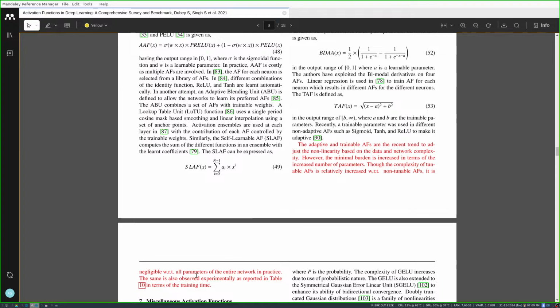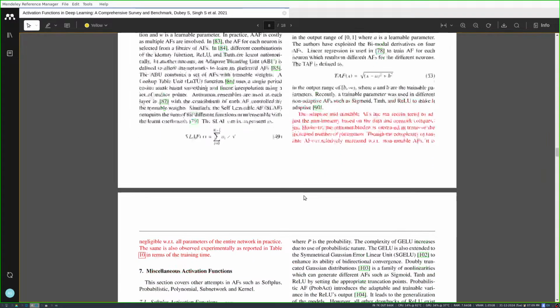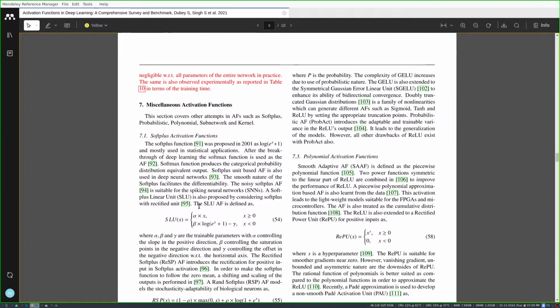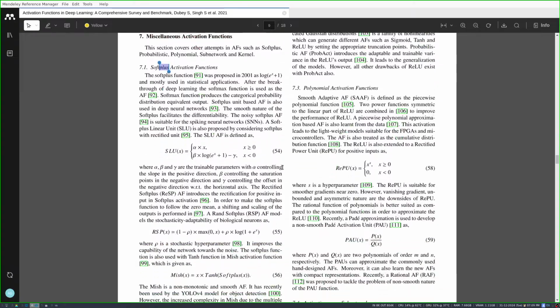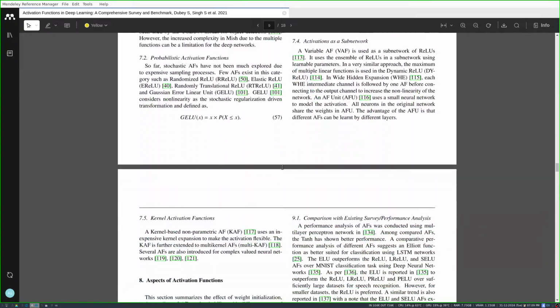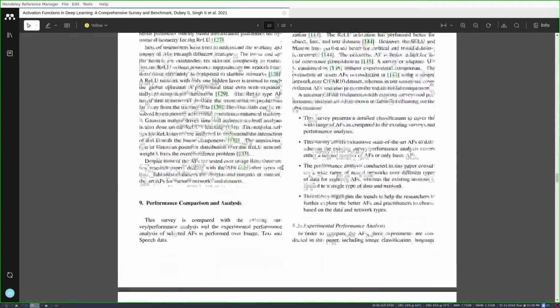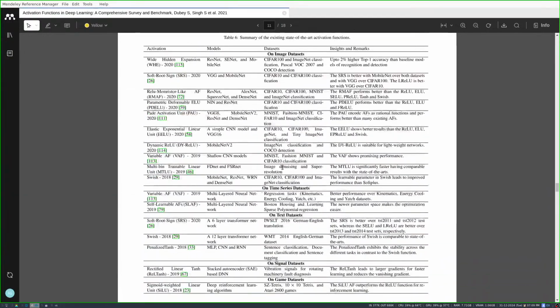It is negligible with respect to all parameters. Miscellaneous: softplus, softmax, polynomial. Aspects of activation performance comparison analysis.